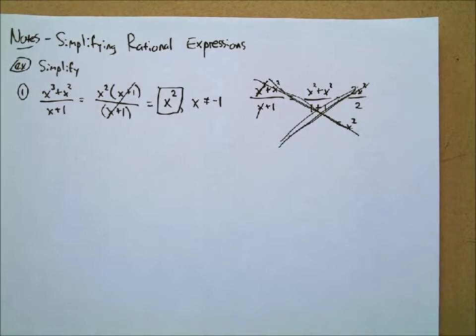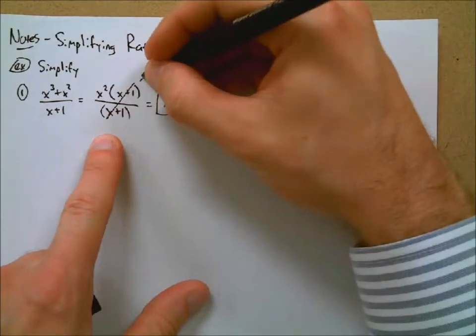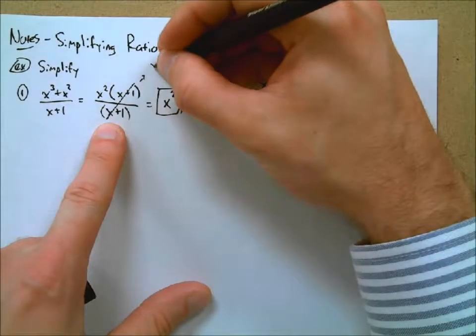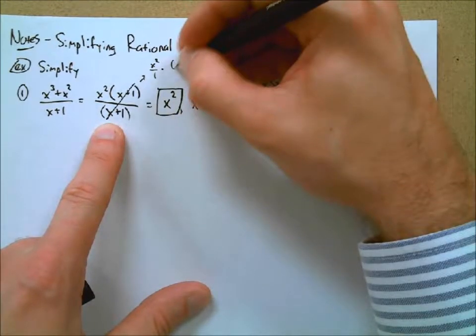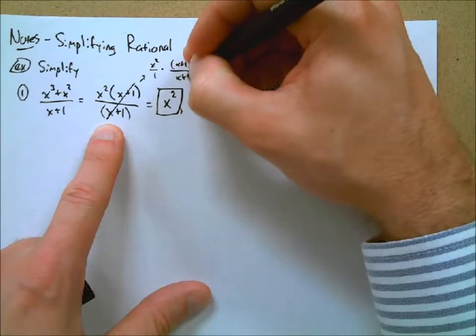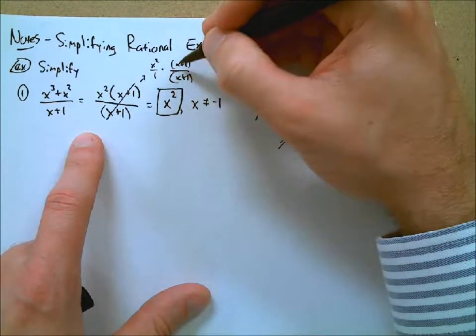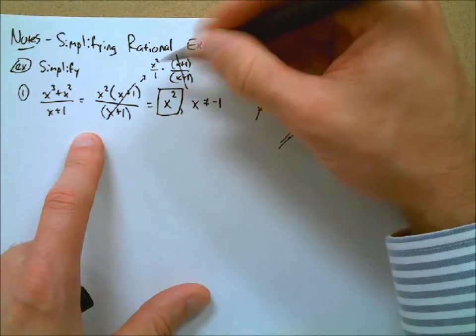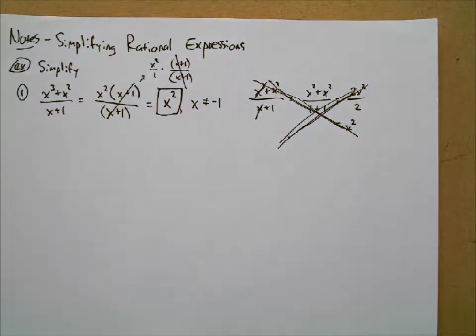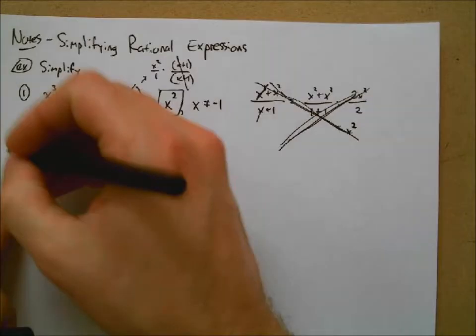You can think of this as x squared over 1 times x plus 1 over x plus 1. This would be equivalent to that. And so then the x plus 1 is exactly canceled, giving you a 1, and so you're left with x squared over 1, or just the x squared. But you want to be very careful when you have addition. You've got to make a product before you can cancel out from the numerator and denominator.